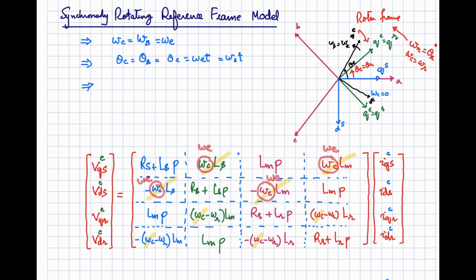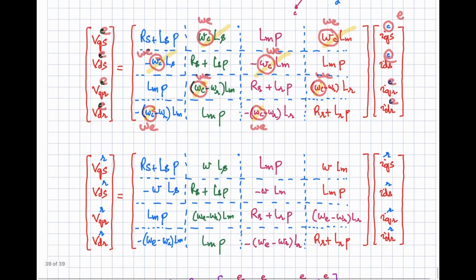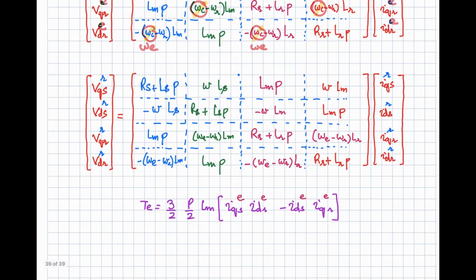So from the arbitrary frame of reference, you can develop the model for any frame of reference. You are just going to replace these terms with omega e to get the model in the synchronously rotating frame of reference. And in that case, instead of C, we will be using the superscript E to represent the quantities in that frame of reference. So that equation is shown over here.